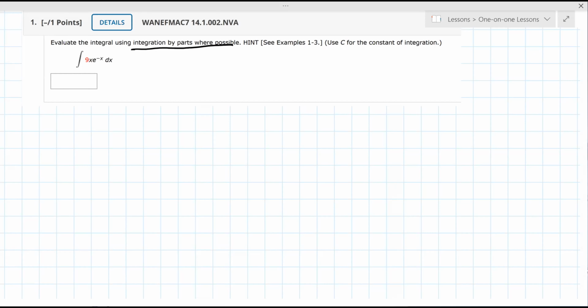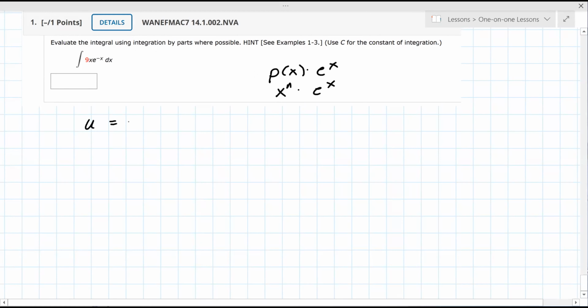So integration by parts. There's different types of integration by parts. It's a polynomial of x times e to the x, usually x to the n times e to the x. And that's what this one is here. So your u is always the p of x.